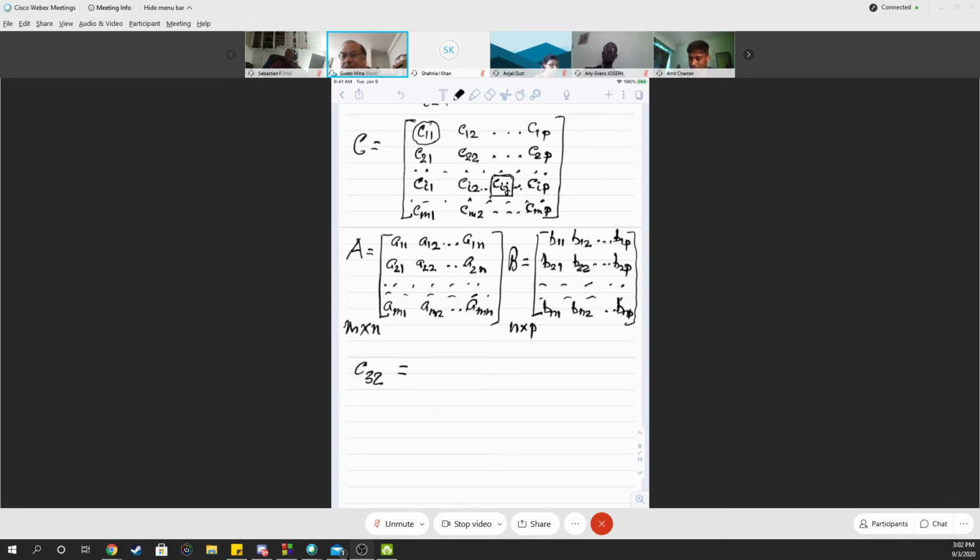How will I get my C32? Which row of A and which column of B? Come on. Third row of A and second column of B. Very good.